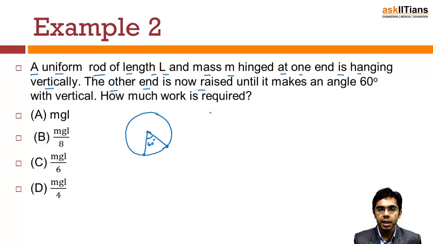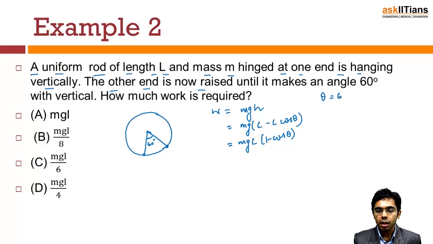Work required will again be mgh, where h will be L minus L cos theta, so it will be mgL(1 minus cos theta). Theta is 60 degrees, given to us.